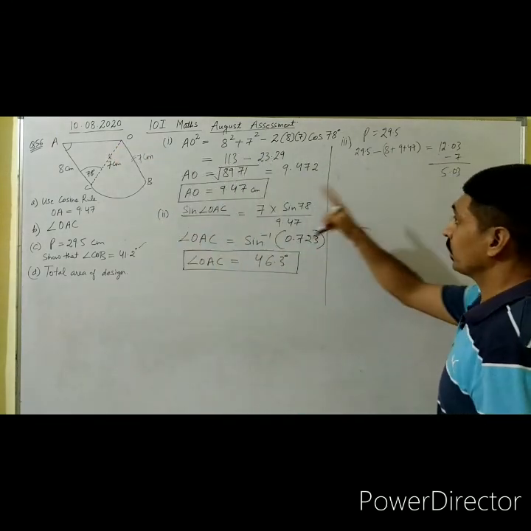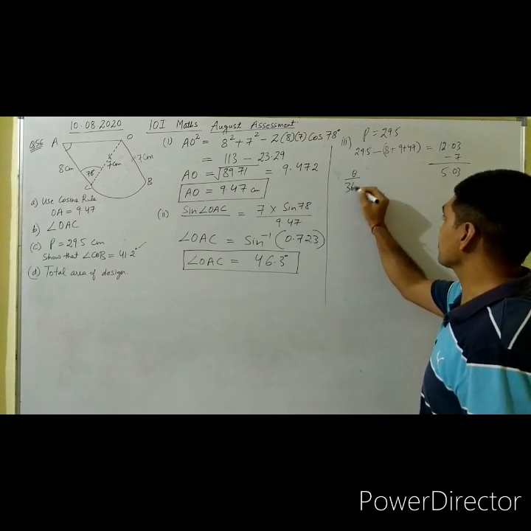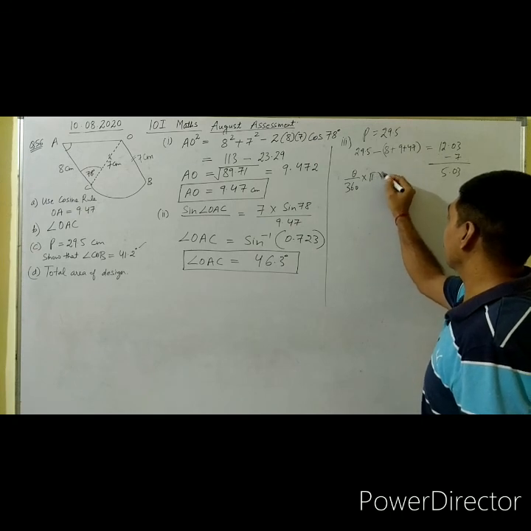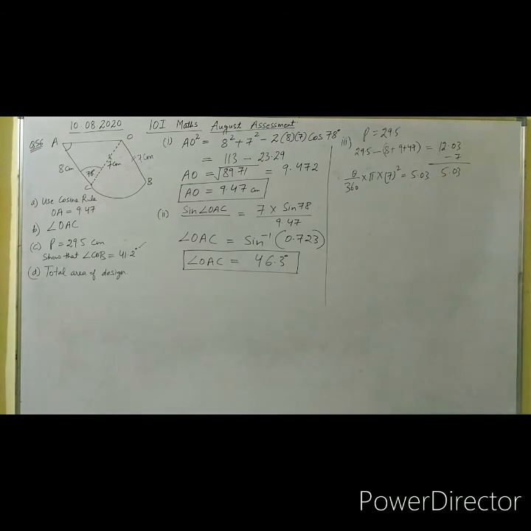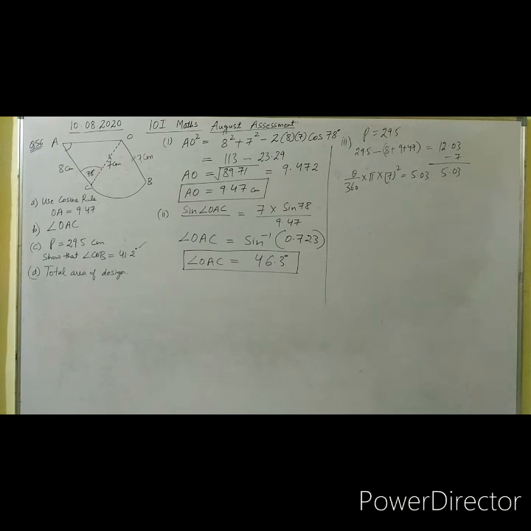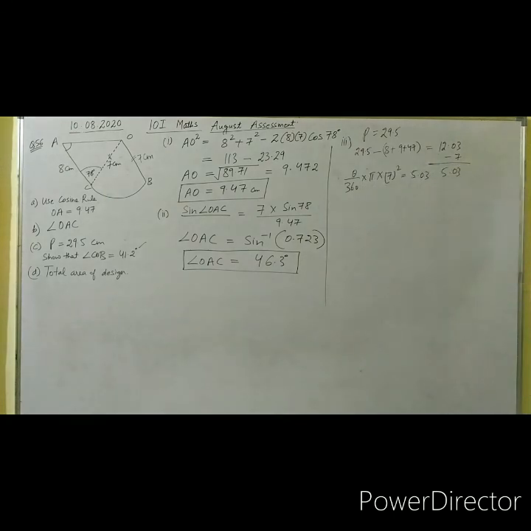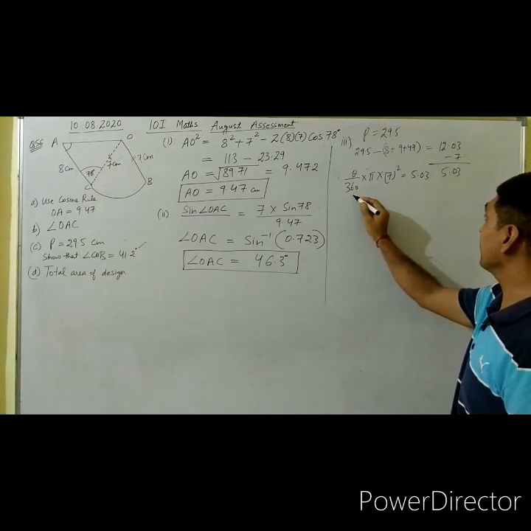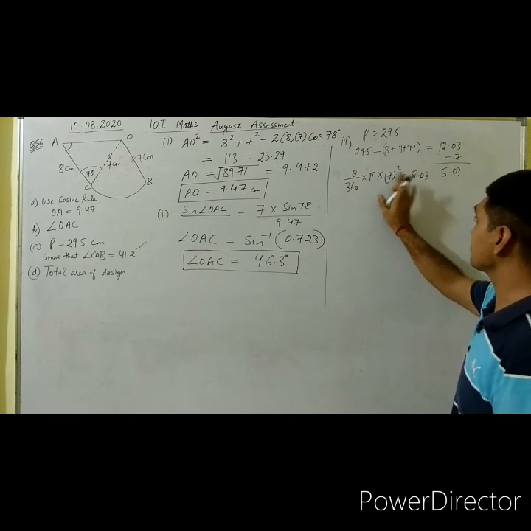So here, what is the length of arc? That is theta upon 360 into pi r square, r is 7 square, that is equal to 5.03, right? Sorry, this is not the area, this is circumference.